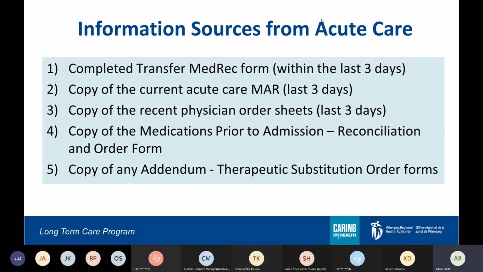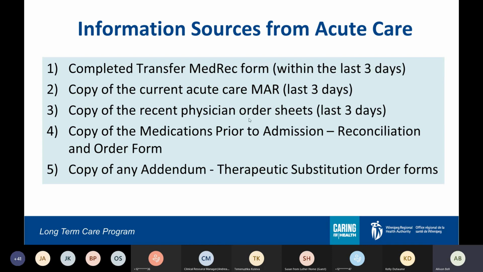Whereas with an acute care admission or return transfer of our existing resident, they may not be stable as long before coming back to us. So we want to make sure this transfer medrec form is as current as possible. So again, we're going to check those 2 dates that I mentioned before. When did that transferring prescriber sign it, and when was it printed, or the date generated in the bottom right corner.